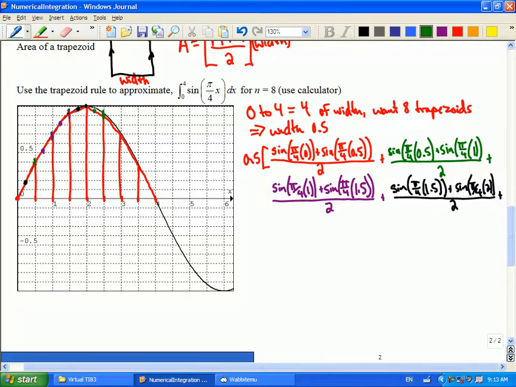And then we're looking for this one. Okay, so we have sine pi over 4 at 2 plus sine pi over 4. We're almost there. Yes, you'll still be young when we're done, don't worry.